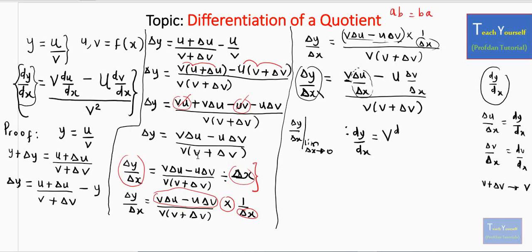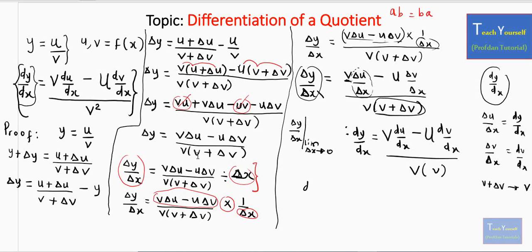Then we have du/dx minus u dv/dx over v, into all of this, as it tends to v.